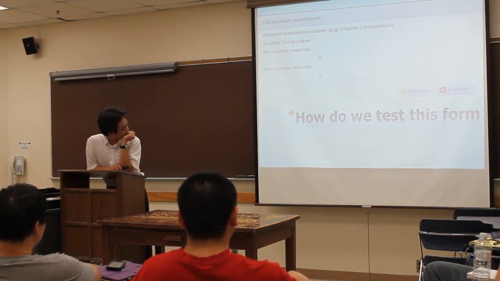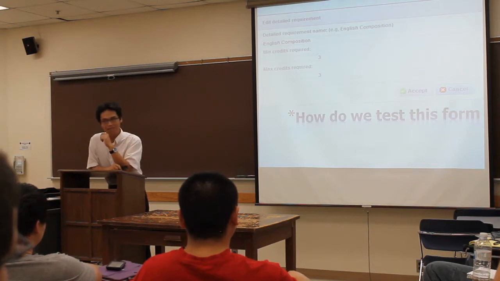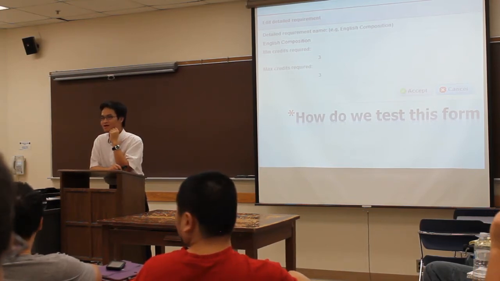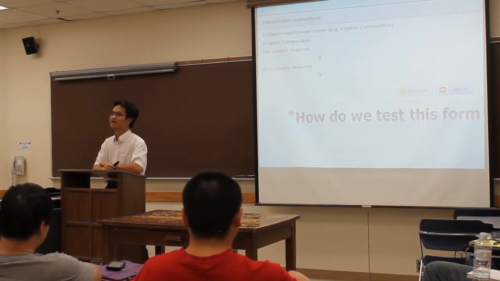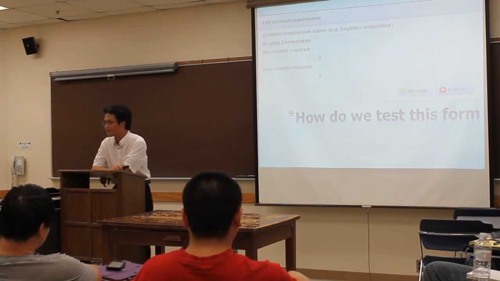For example, the first one, I will put a negative number in the maximum and the minimum credits required to see if the application rejects those values or not. That is one example of a test case. So you try to put in any invalid value, anything that you can think of.